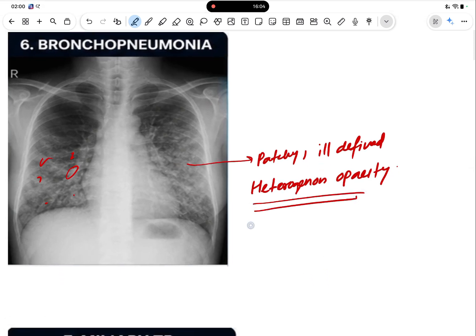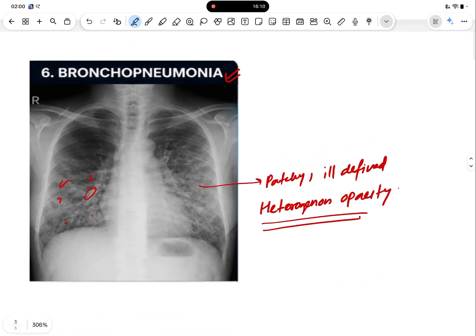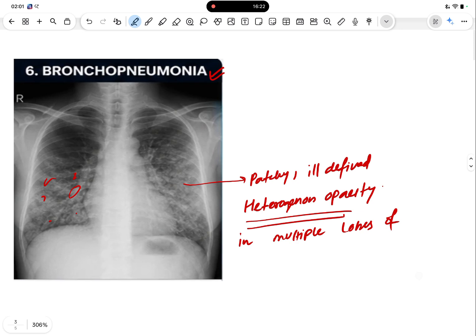And this is the case of bronchopneumonia in multiple lobes. This opacity is not fixed to any single lobe, right? It is in multiple lobes of both lungs. So it is an example of bronchopneumonia.